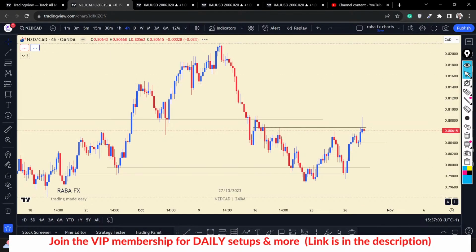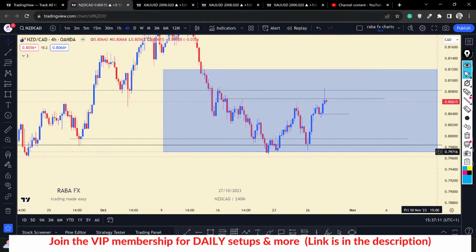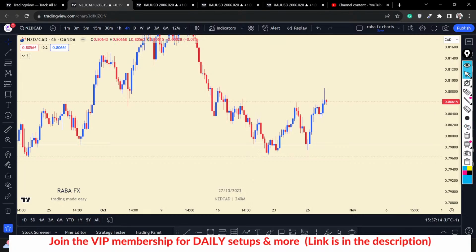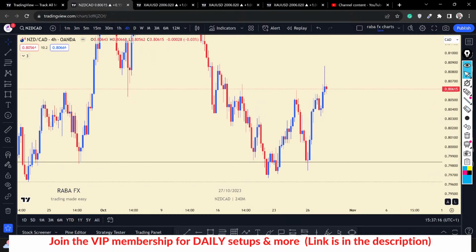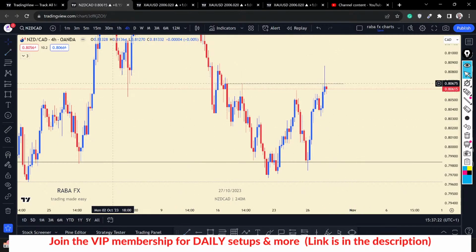So right now, a lot of price respecting these levels is not random. It's not random. So right now, this is what we have: rejecting from here, price rejecting hard.